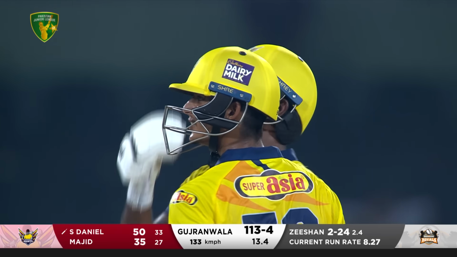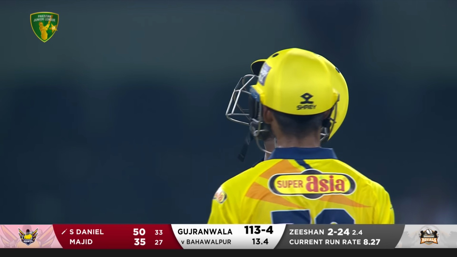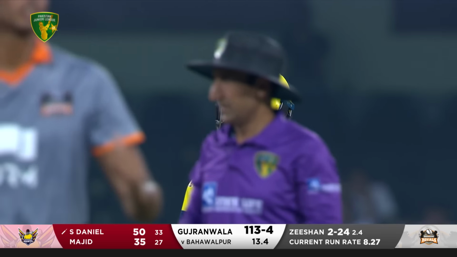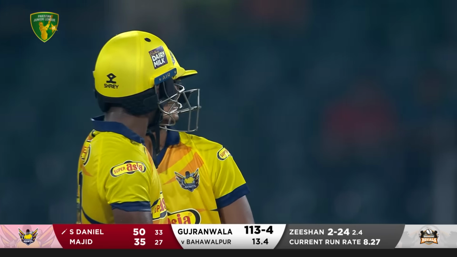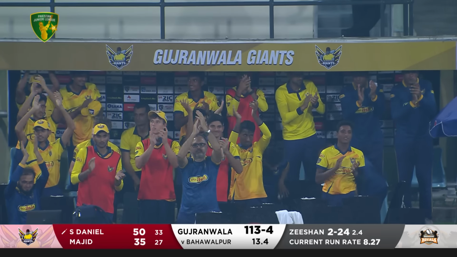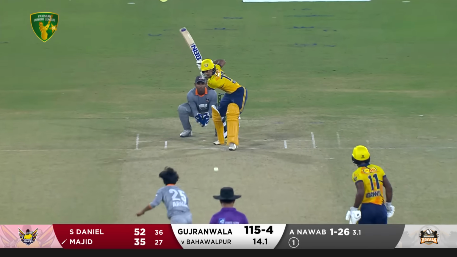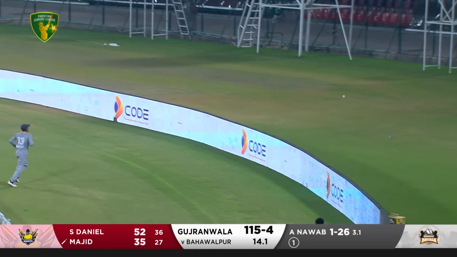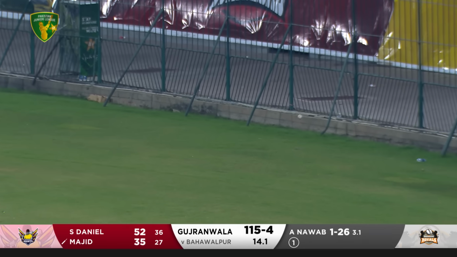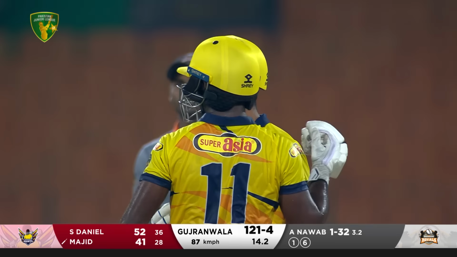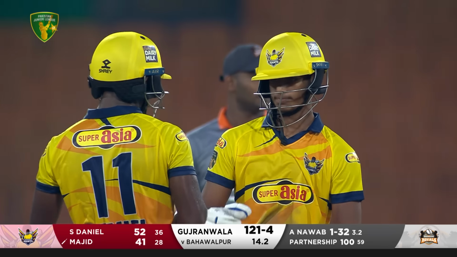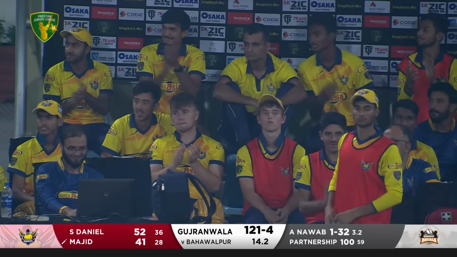His first in the tournament, and he's brought it up in 33 deliveries, 4 4s and 3 6s. Goes all the way, and what a way to bring up the 100 partnership between these two. First 100 partnership of the Pakistan Junior League, brought up in just 59 deliveries.